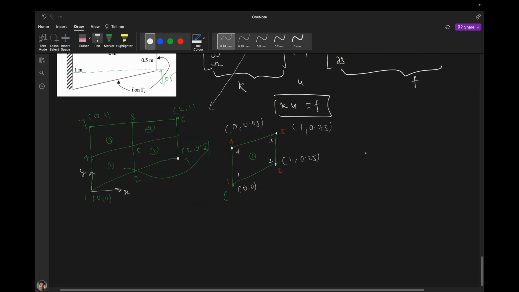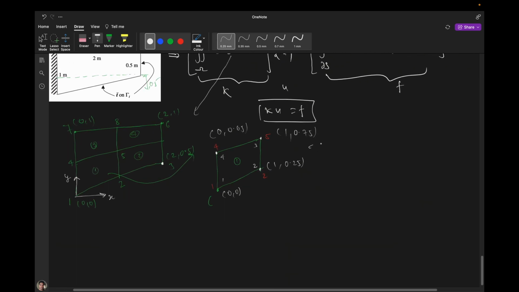It's just a random guess. And in the master domain it will be like this.